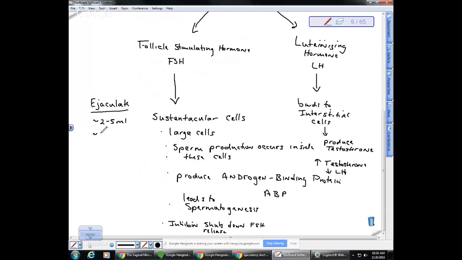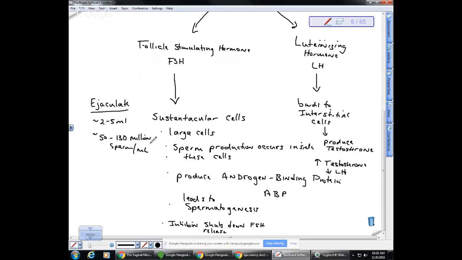So that is how that number is regulated through the negative feedback mechanism of FSH and inhibin.